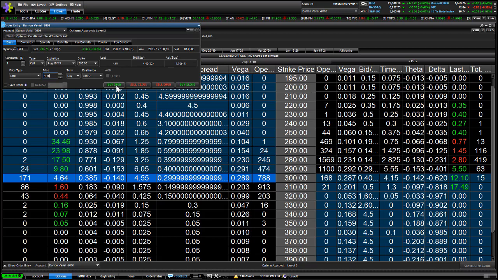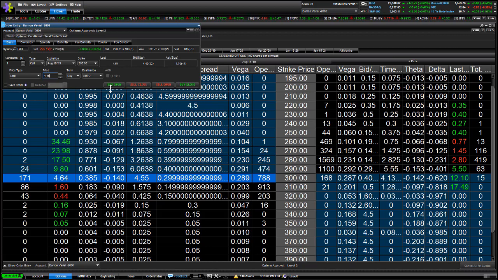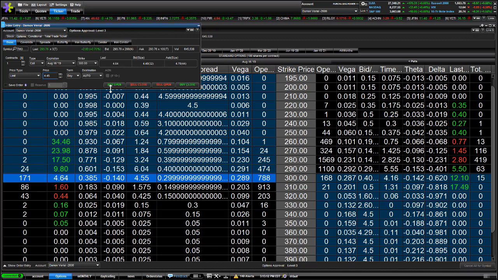We're going to buy to open, and we're going to wait for that to fill. If it fills, congratulations, you've gotten an option way cheaper than the midpoint. But generally it won't fill that quickly. So instead, you're going to wait for it to fill, and if it doesn't fill, let's say in 5 minutes, you're going to cancel the order, come back, and raise it another 5 pennies or 10 pennies, and buy to open again.